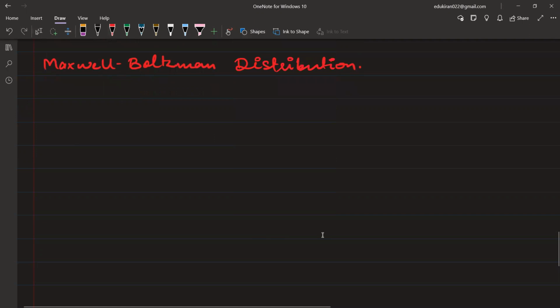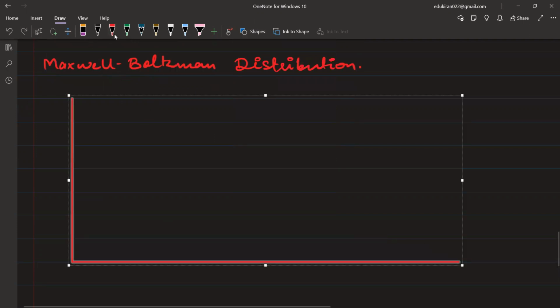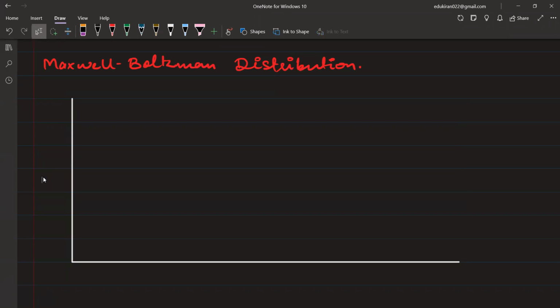You must have seen this in your 11th class. It's pretty difficult to make. It doesn't get drawn properly.